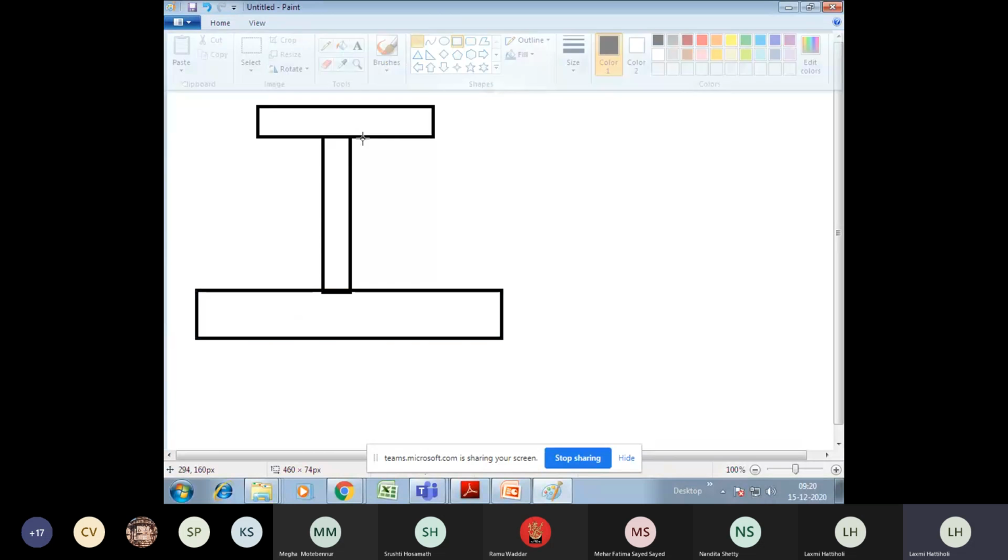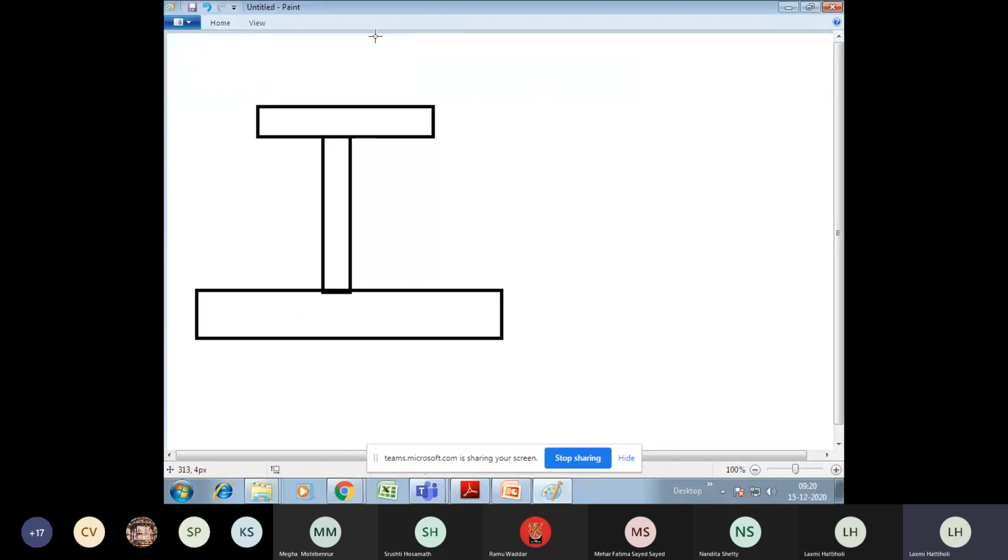This distance is 200 mm. Rest all everything is given in the question. So this is 200. This is 20. This is also 20. And this is 80 and this is 160.